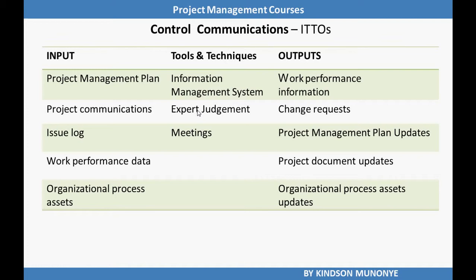We also have issue log as an input. We have work performance data, organizational process assets. Here in control communication we have just three tools and techniques: information management system, expert judgment, and meetings. We have a number of outputs including work performance information, change requests, project management plan updates, project document updates, and organizational process assets updates.